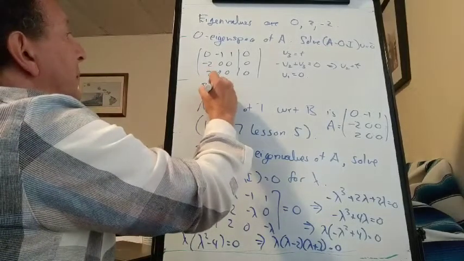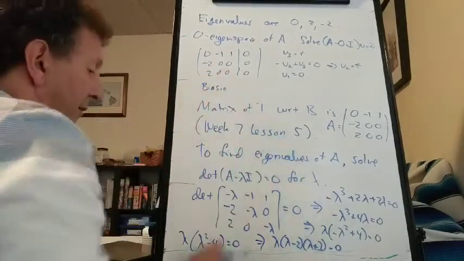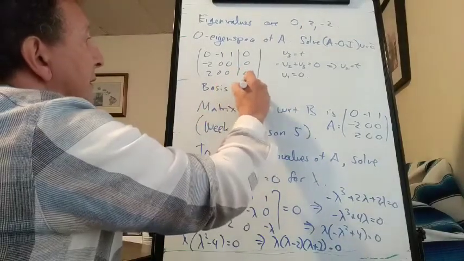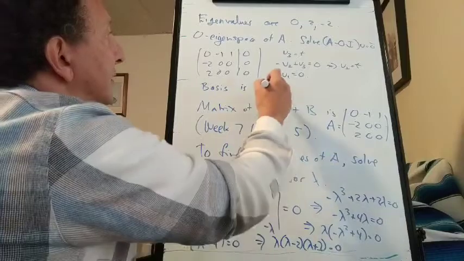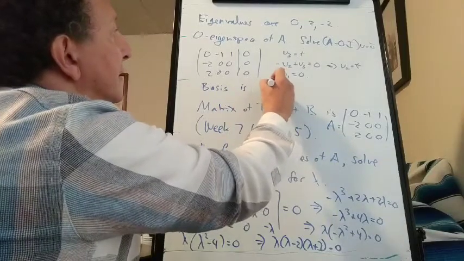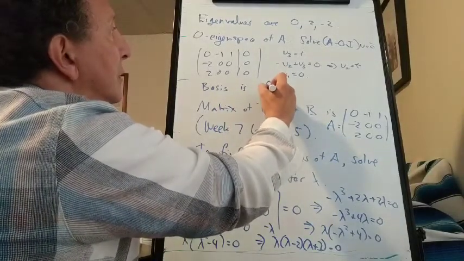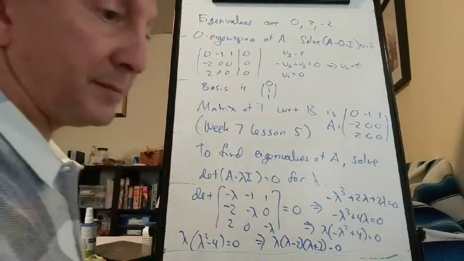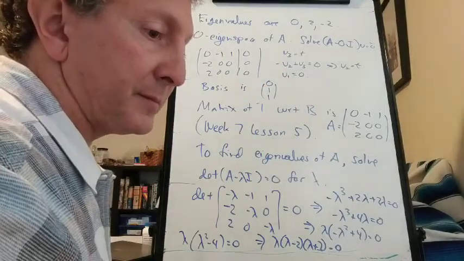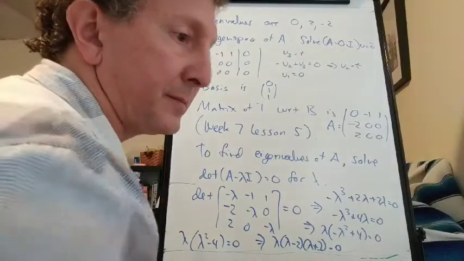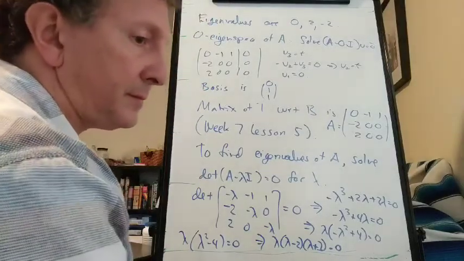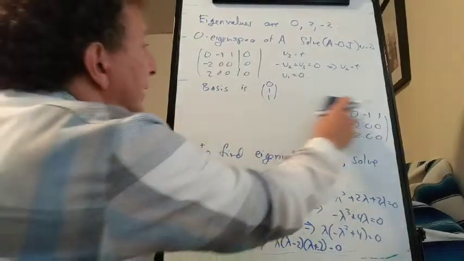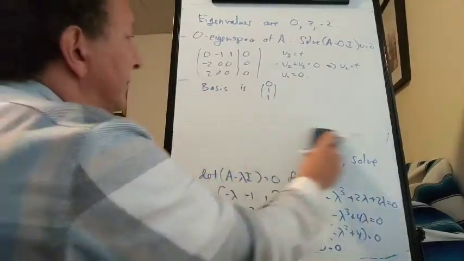So a basis for the 0 eigenspace is [0, 1, 1]. v2 and v3 are both t. Then let's look at the 2 eigenspace.